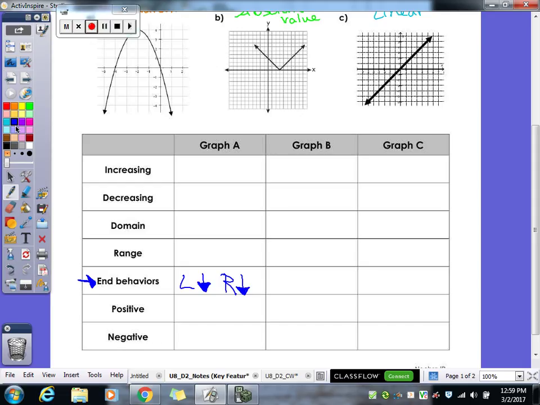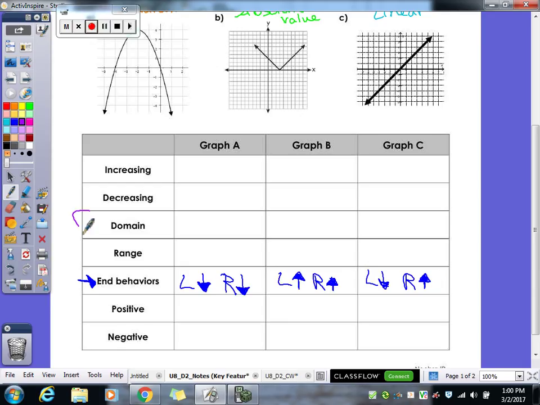Those are both pointing up. So left side's pointing up. Right side is pointing up. And then our last one, our linear one, yes, our left side is pointing down, but our right side is pointing up. And that's all you have to do for your end behaviors. Tell us which side we're looking at, left side, right side, which direction is it going, up or down.